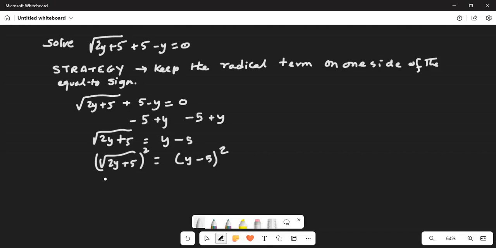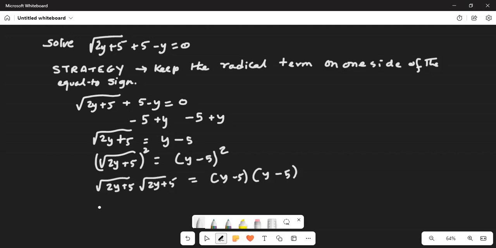So square root of 2y plus 5 square is square root of 2y plus 5 times square root of 2y plus 5. Similarly, on the right-hand side, I have y minus 5 times y minus 5.